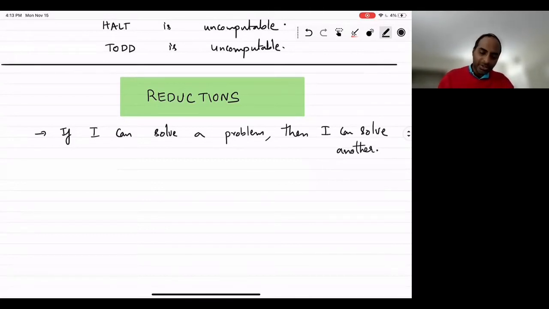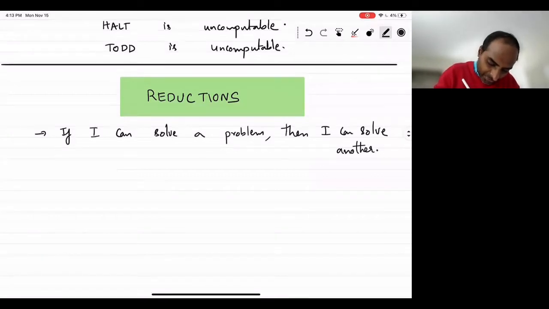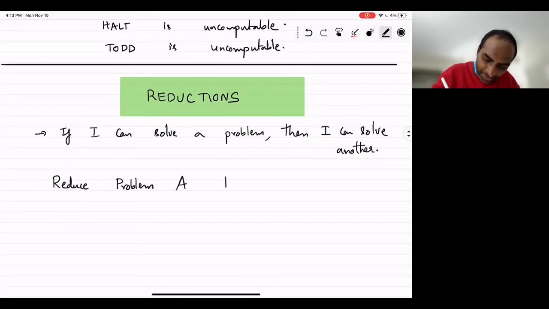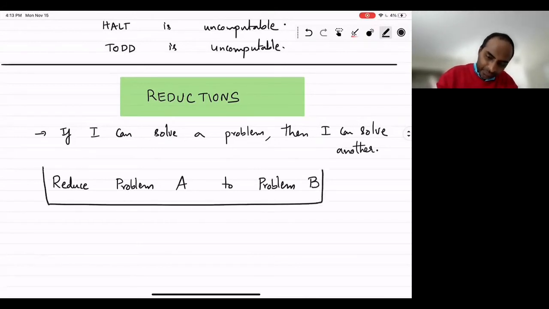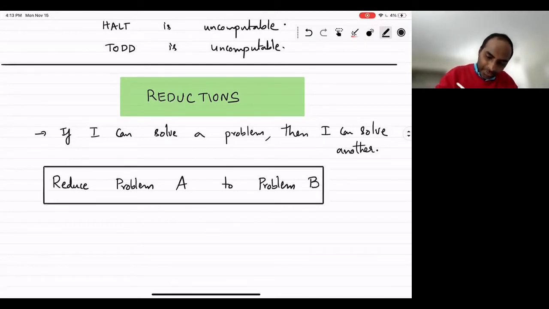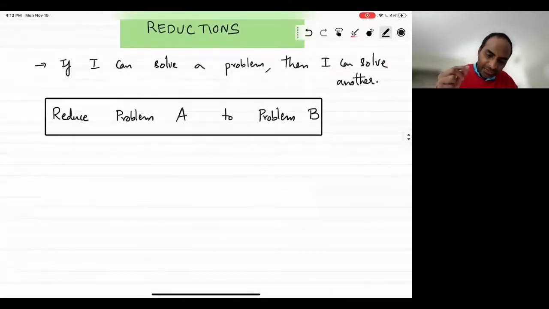So more concretely, we will say reduce problem A to problem B. Okay, so what does this mean?